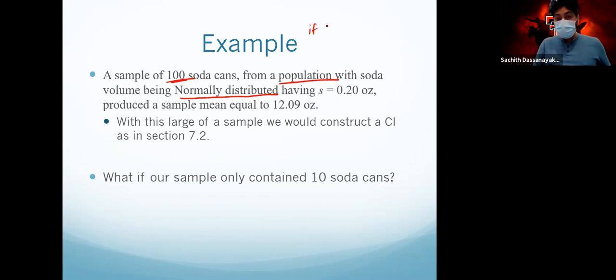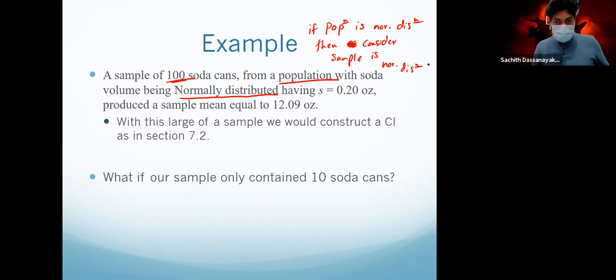You know that if the population is normally distributed, then you can simply consider your sample normally distributed without any problem, right?